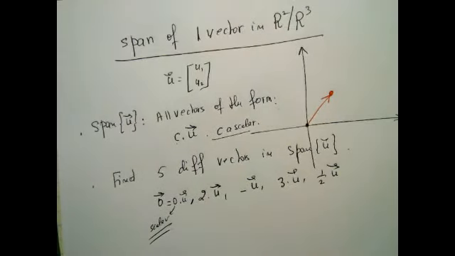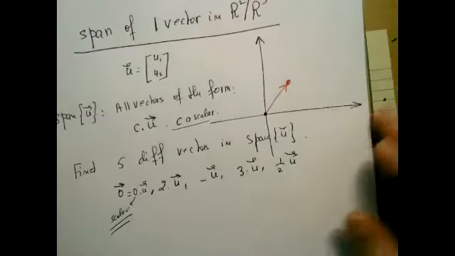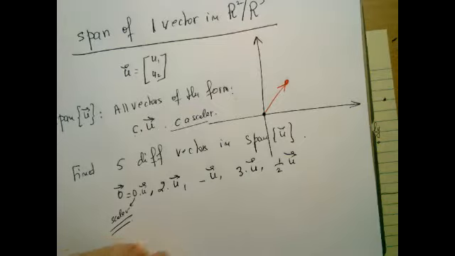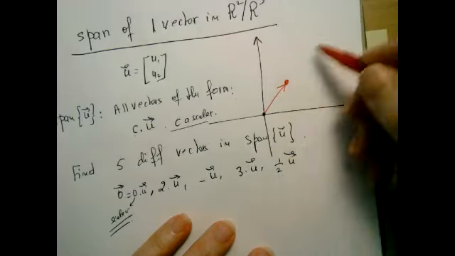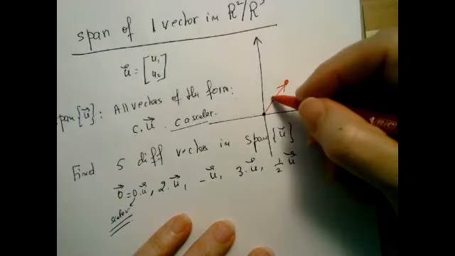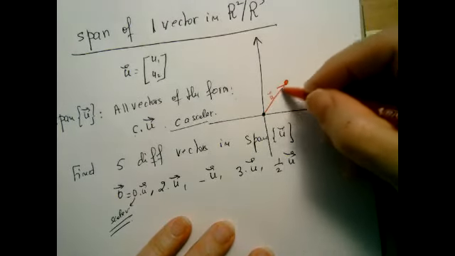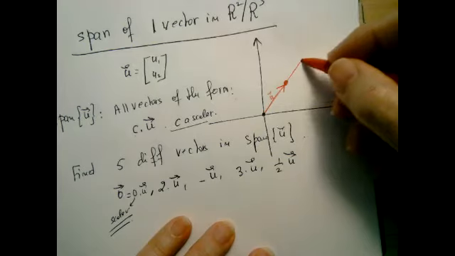Okay. So what's the span of U geometrically? Geometrically, what's the span of U? It's my vector U. What's the span? Every scalar multiple of it. So if this is my U, 2U, 3U.